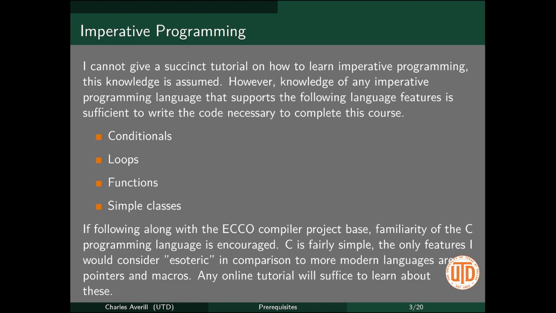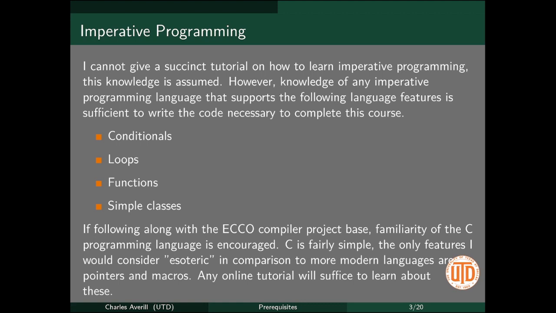Specifically, it needs to have conditional statements like if. It needs to have loops, while and for, functions, and simple classes. I say simple classes because C has structs, and those are just fine. Just any kind of data container like that is fine. As long as your language supports that, you'll be good.